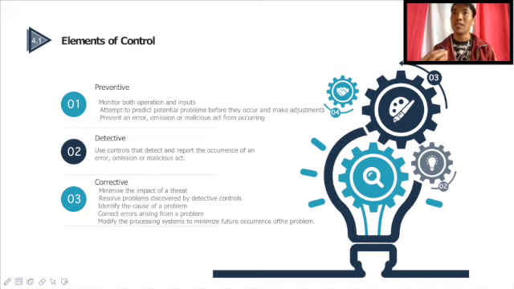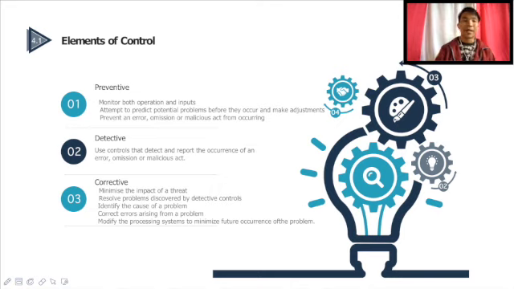A malicious activity that is already occurring is easily detected. So, are there controls in the organization, in the IT infrastructure, and in the information systems in general?